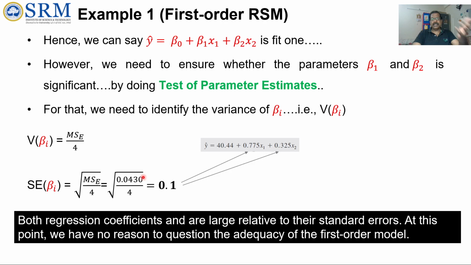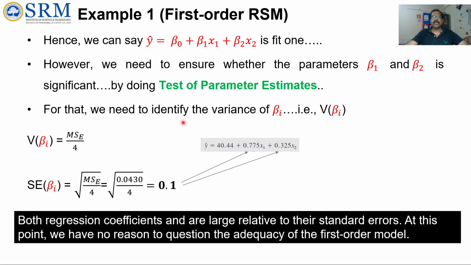If we know this 0.1 value, and we compare it with our previous steps, the model which we developed, the beta 1 value and beta 2 value, compare these. Here 0.775, here 0.325, but the E value is 0.1. This is a big difference, a significant difference. So we can say that the first order model is acceptable.